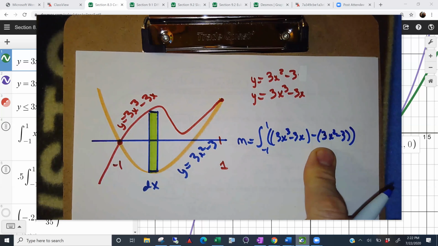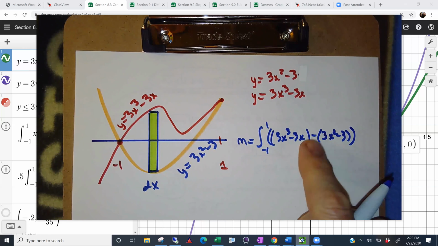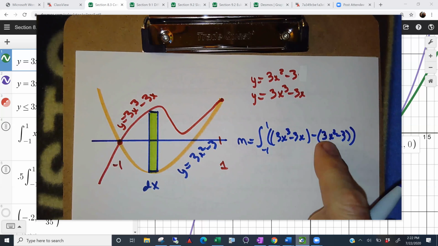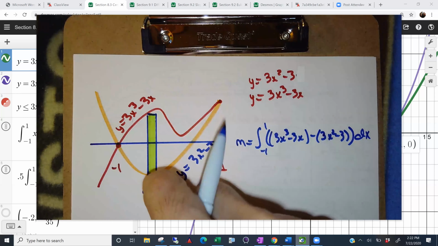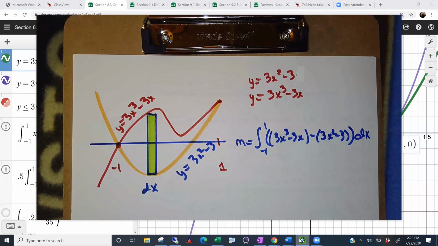Notice I was careful to put both of these in parentheses. You need parentheses around that second one because that negative has to distribute itself to both terms. So that's the height, top minus bottom, times the thickness, which is just dx.